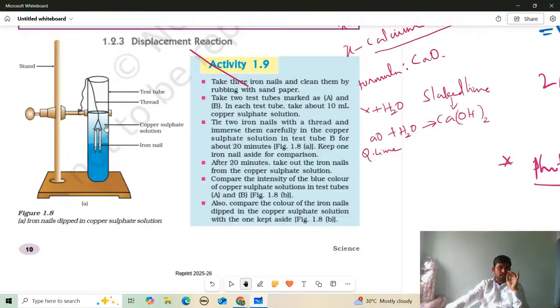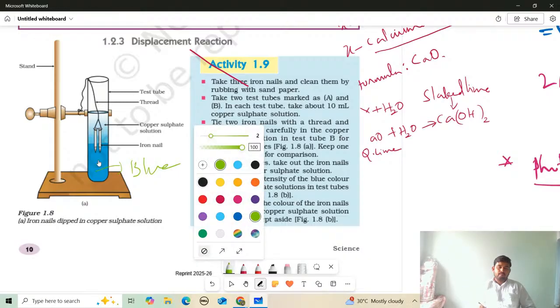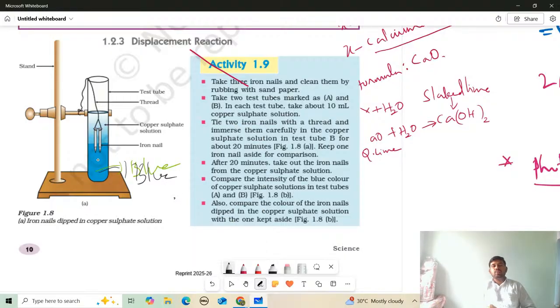The iron nails are kept directly in the copper sulfate solution, which you can see is blue in color. To this blue copper sulfate solution, they are adding iron nails. You can see the iron nails here.